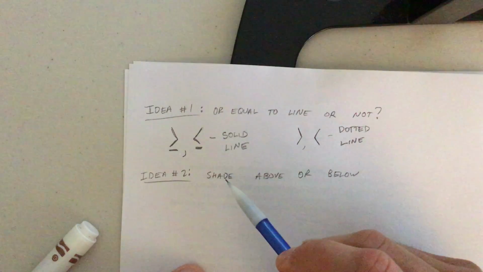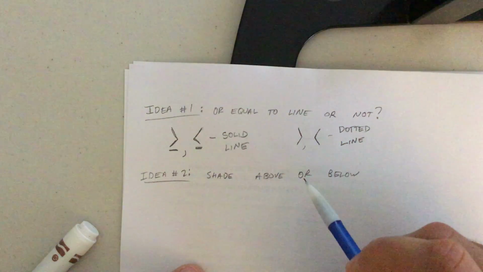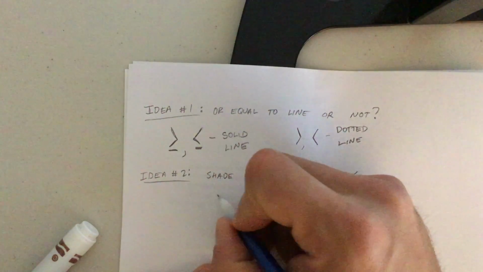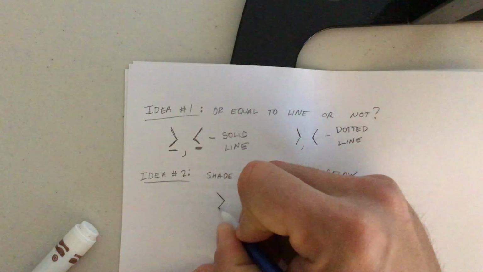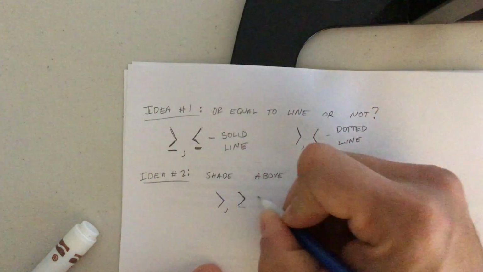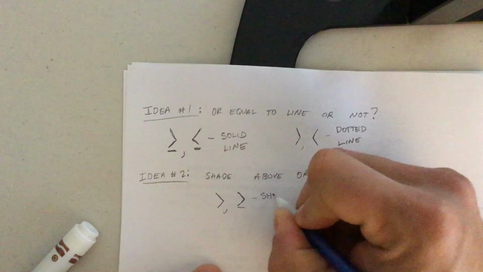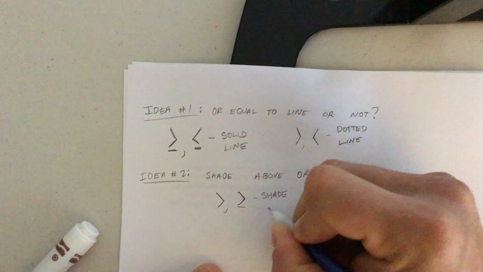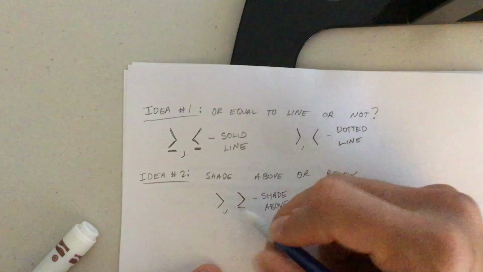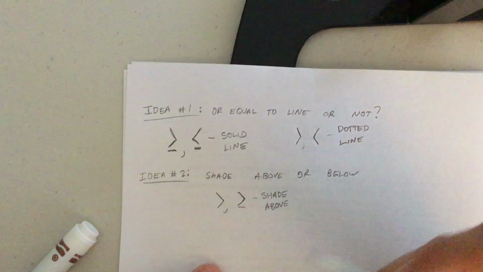And then I ask, am I going to shade above or below? This is similar to idea one, but a little different. If it is greater than or equal to, shade above. These answers to our inequality lie on the line if it's "or equal to," or above.